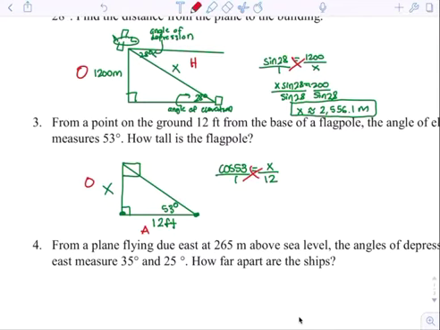Cross multiply. x is going to equal 12 cosine of 53. Put that into your calculator and you should get 7.2. It's going to be 7.2 feet tall.